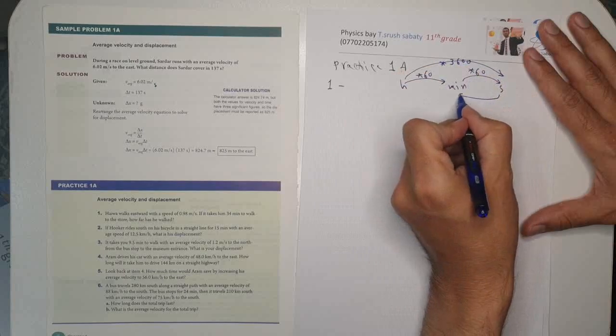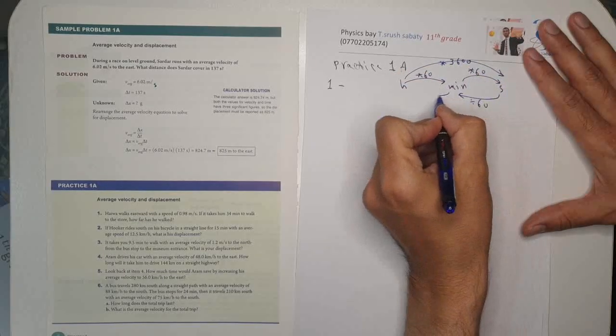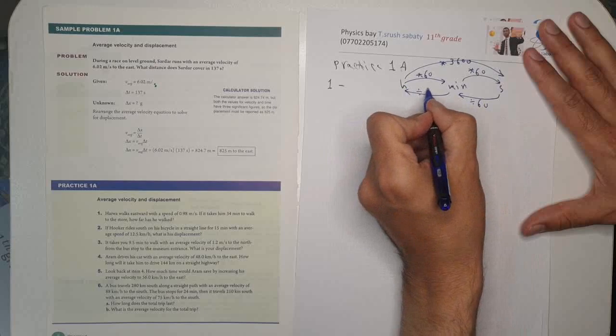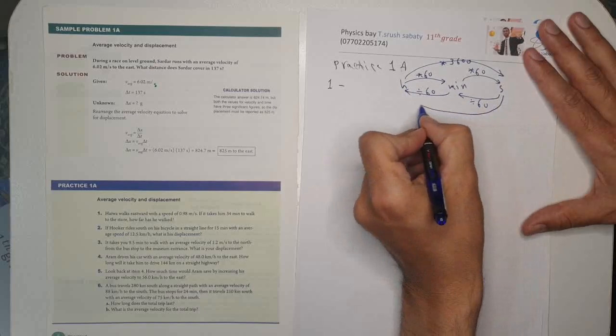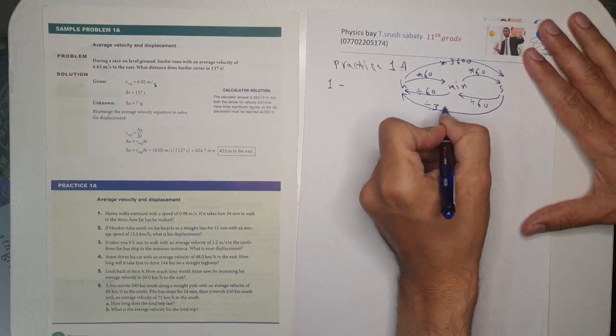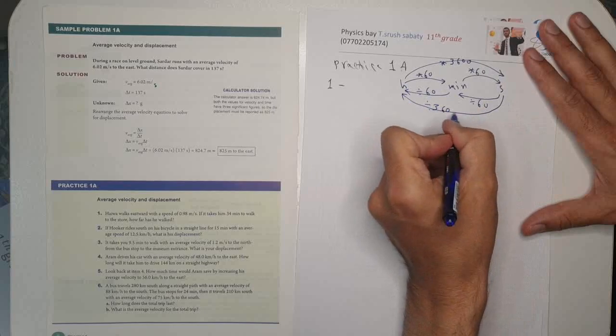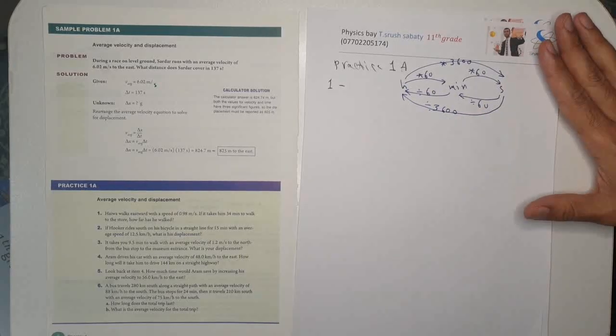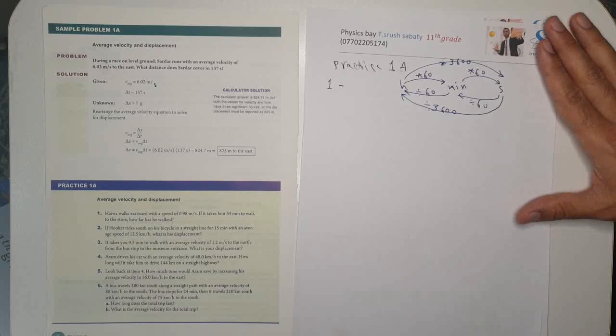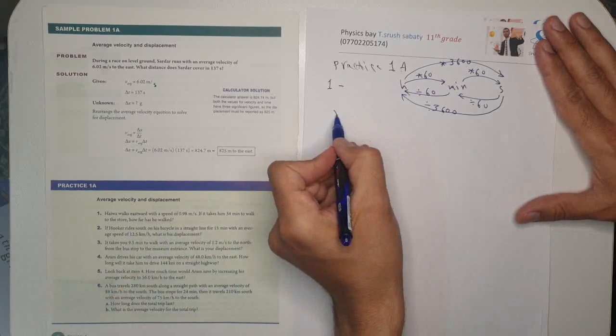And second to minute, divided by 60. Minute to hour divided by 60. Second to hour divided by 3600. Okay?